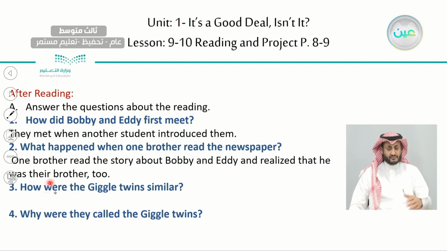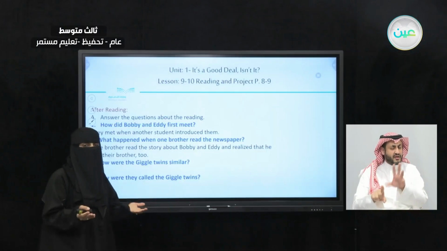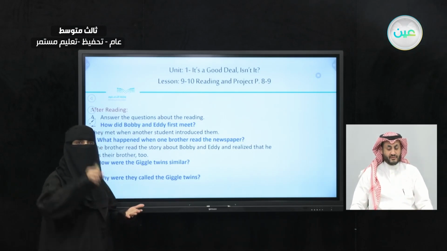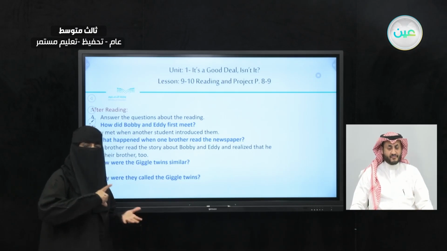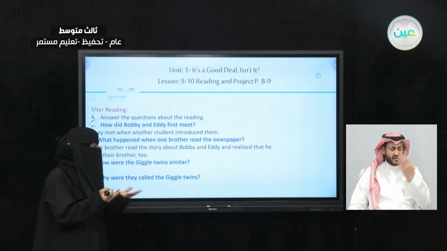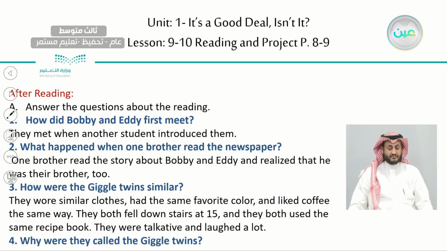Question 3, how were the Giggle twins similar? They mentioned some similarities between the Giggle friends. How are they similar? How are they different? What did they say? Okay, can you give me examples? Can you read the third paragraph? It's about the Giggle friends. Read it, try to find out the similarities. Let's see it together. They wore similar clothes.